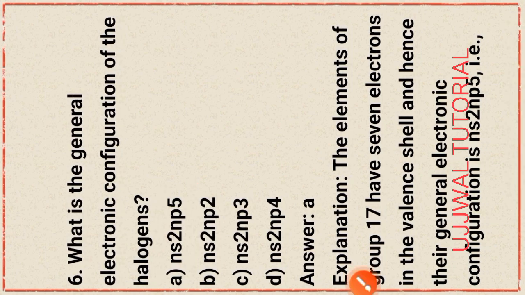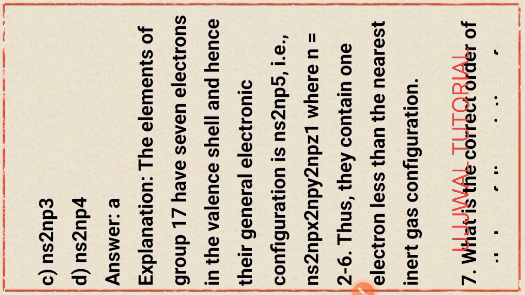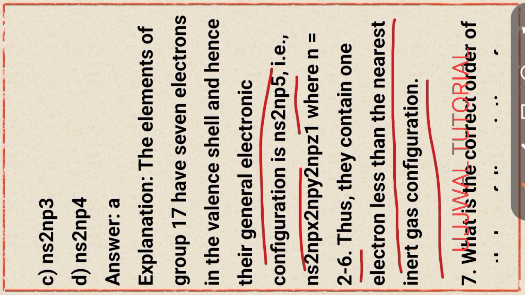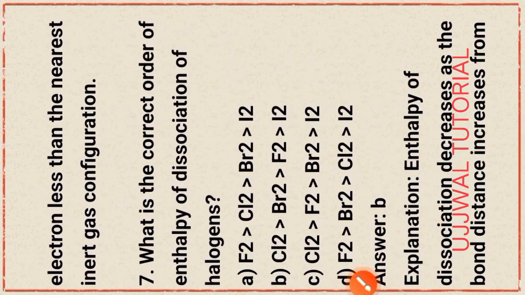To explain, the elements of group 17 have 7 electrons in the valence shell, and hence their general electronic configuration is ns2np5, that is ns2 npx2 npy2 npz1, where n equals 2 to 6. Thus, they contain 1 electron less than the nearest inert gas configuration.